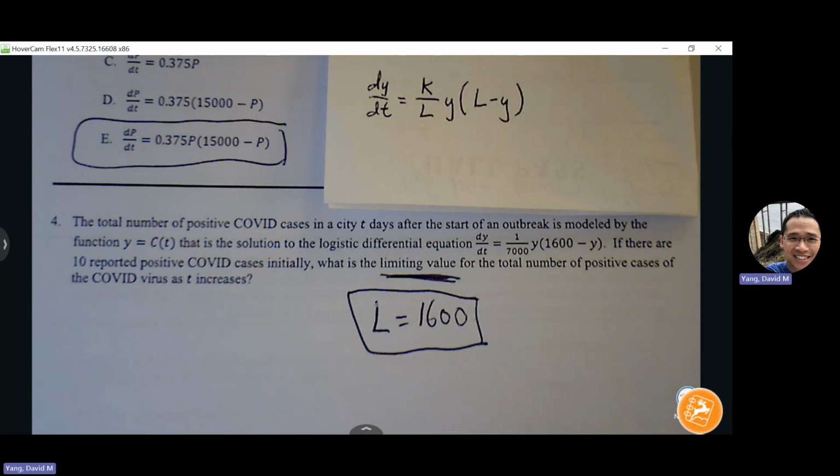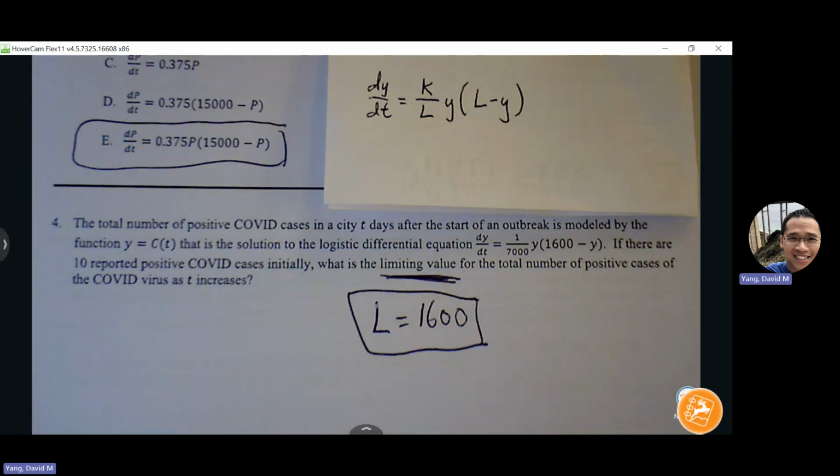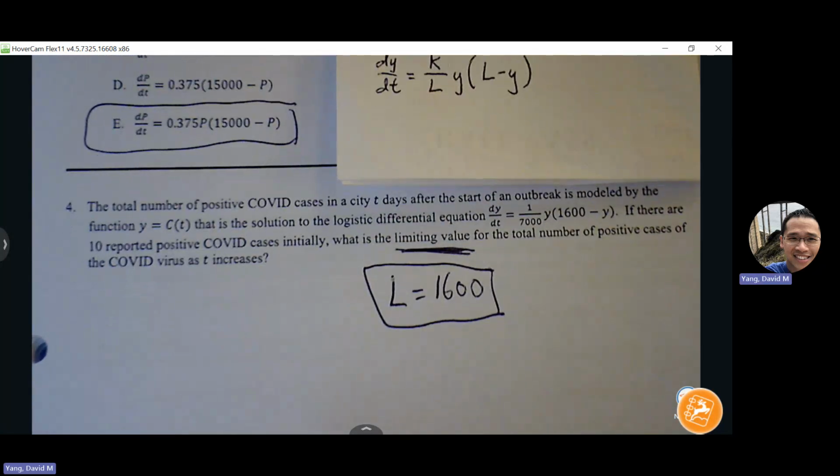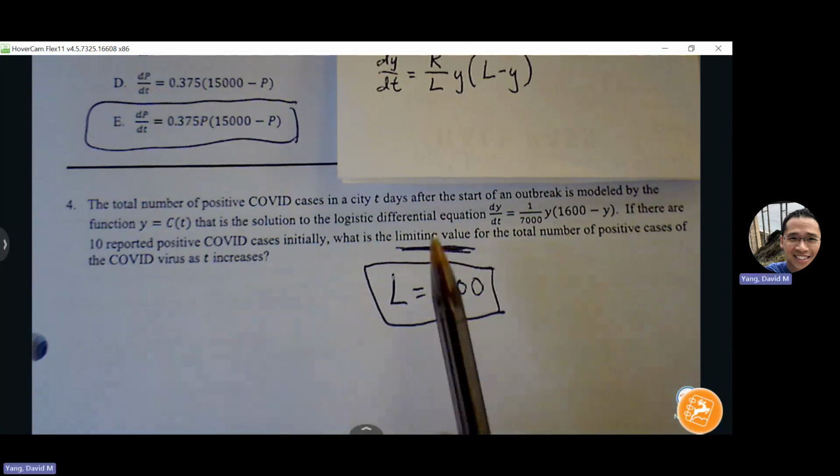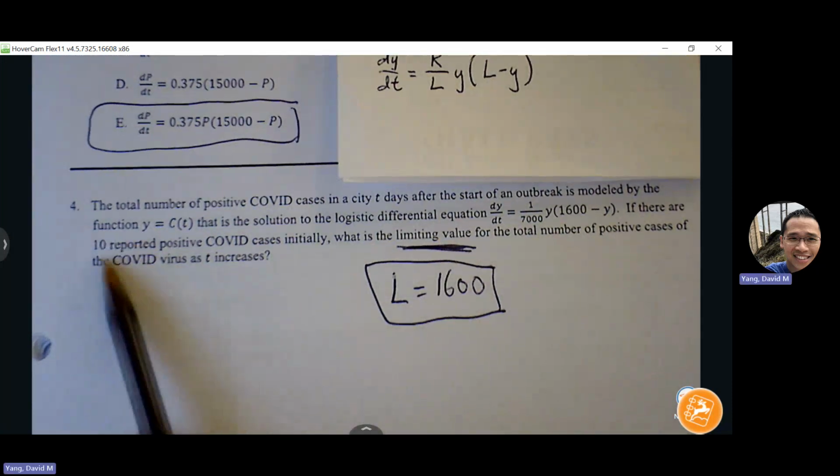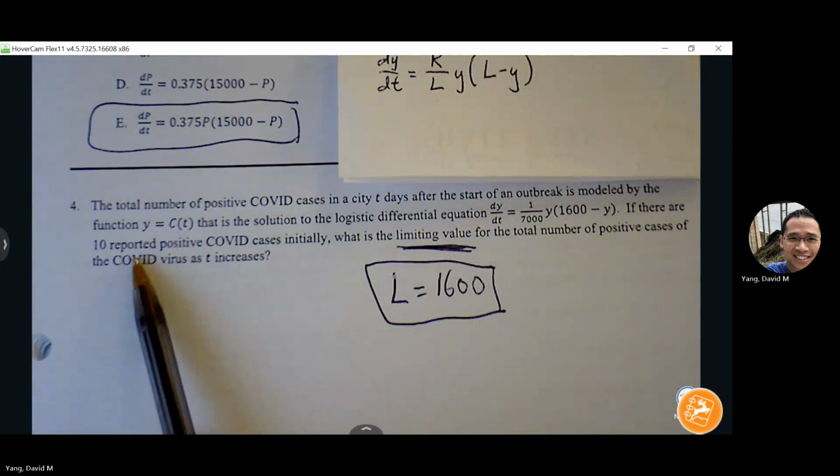It doesn't mean anything for this problem. We don't need it for this problem. Yeah, I mean, it's asking for a limiting value, so it doesn't matter where we start. Right?